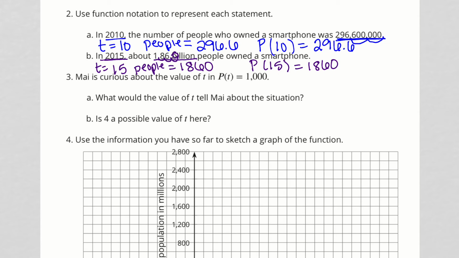Now I'm curious about the value of T in P of T equals 1,000. What would the value of T tell me about the situation? What do you think it would tell me? The 1,000 tells me the number of people. Oh, the time. So T would tell me the time.